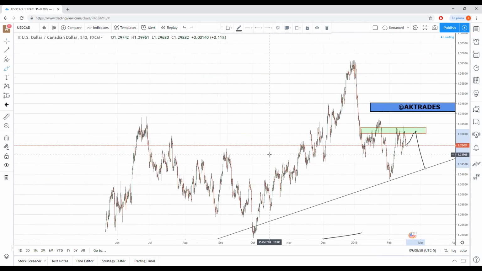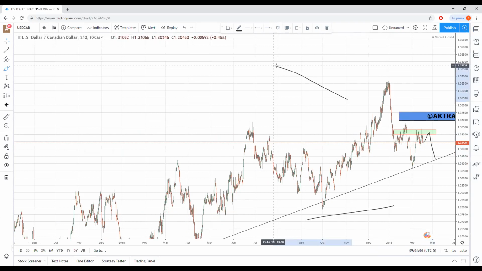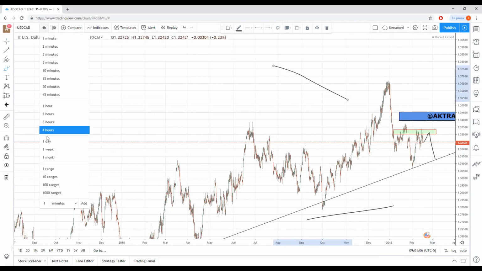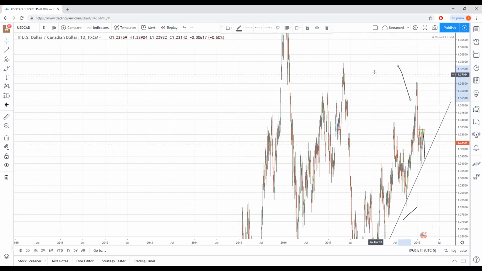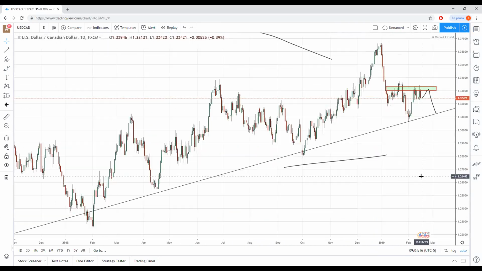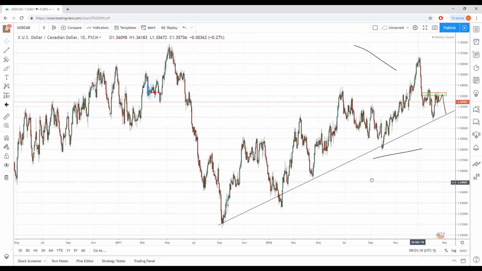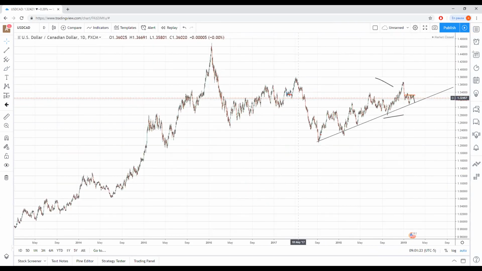As we see, this pair is having this bullish trend line. If we go to the daily chart, we can see that the pair is showing a staircase pattern, giving lower highs every time.